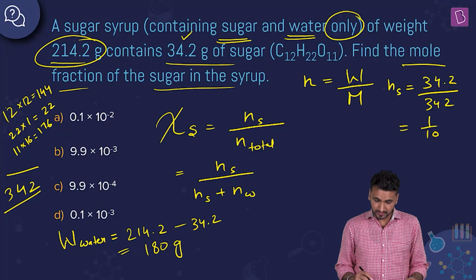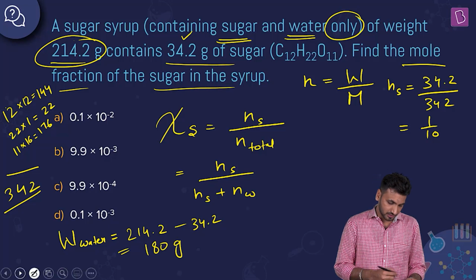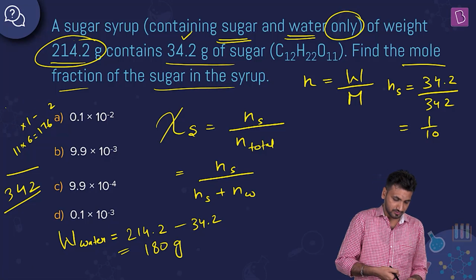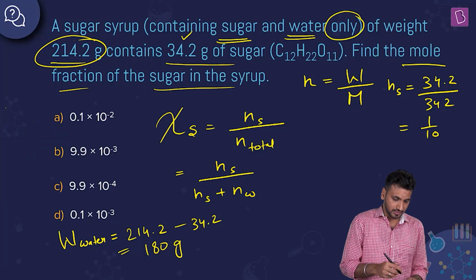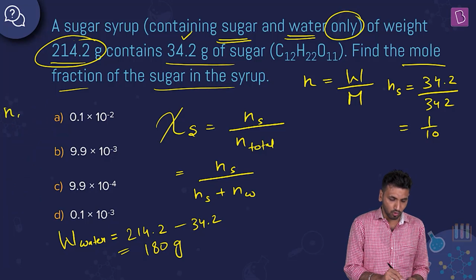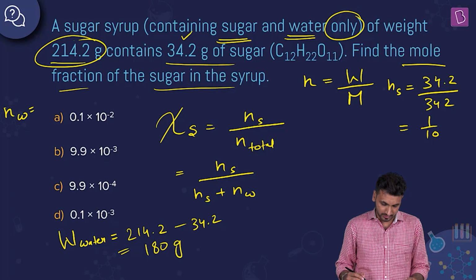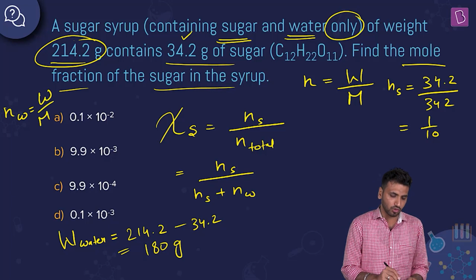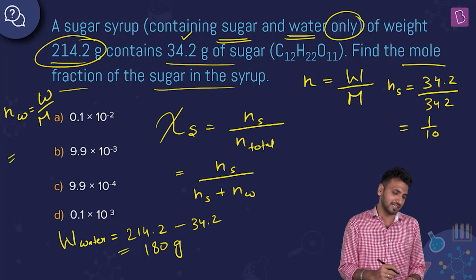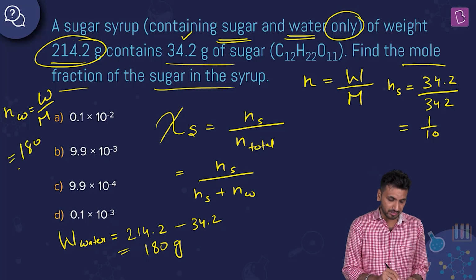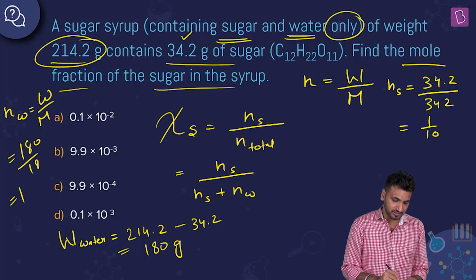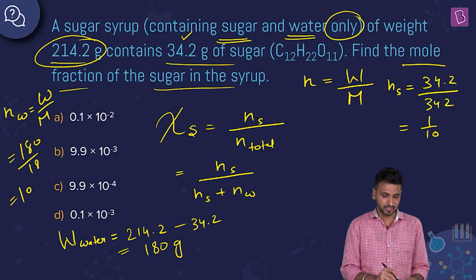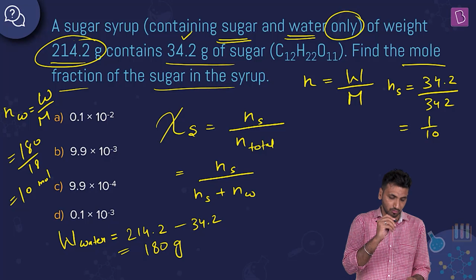If I just calculate the moles of water, it will be the given weight of water upon molar mass of water, that is nothing but 18 gram per mole. So 180 by 18, again very simple calculation, 10. 10 mole is going to be the moles of water.